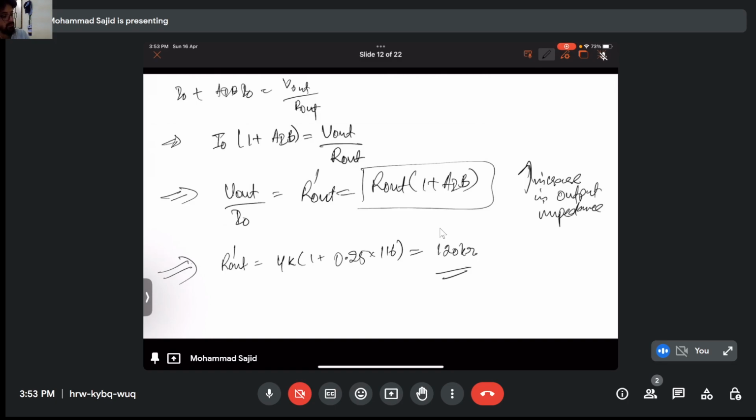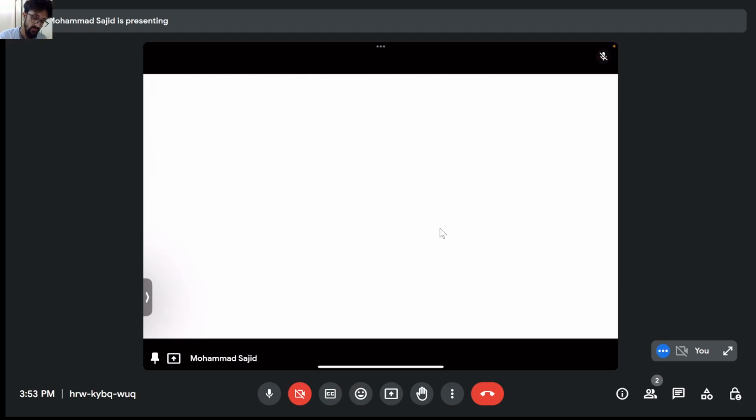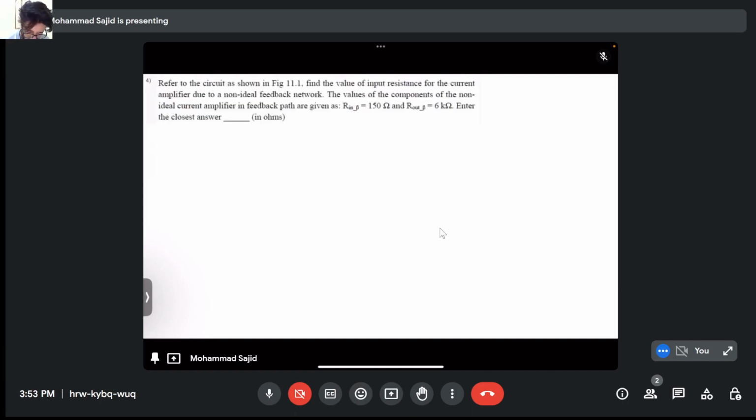Now the next thing we have to do is calculate these input and output resistance again, but this time we have to consider R in B as 150 ohm and R out B as 6 kilo ohm. Okay.